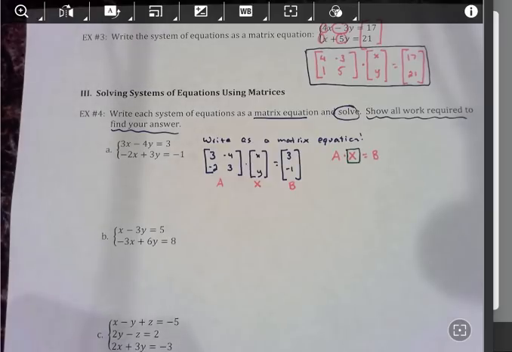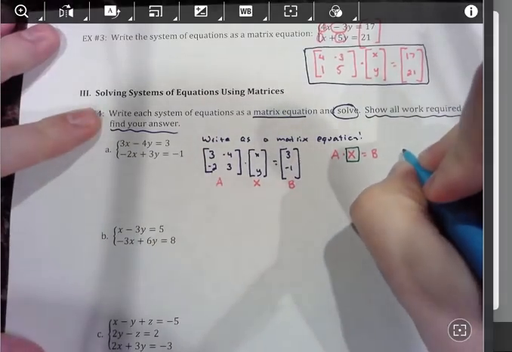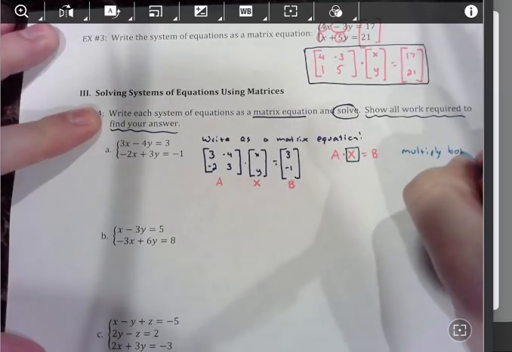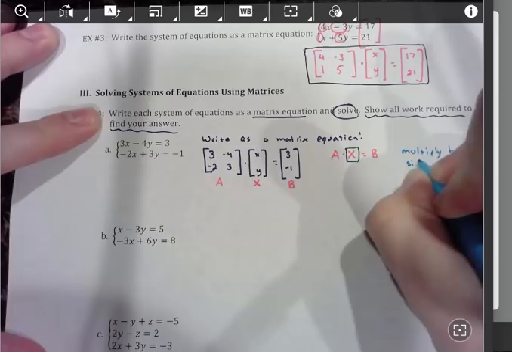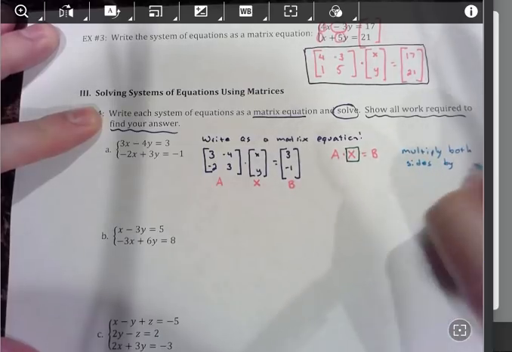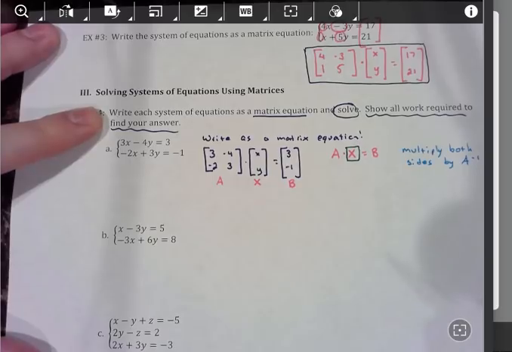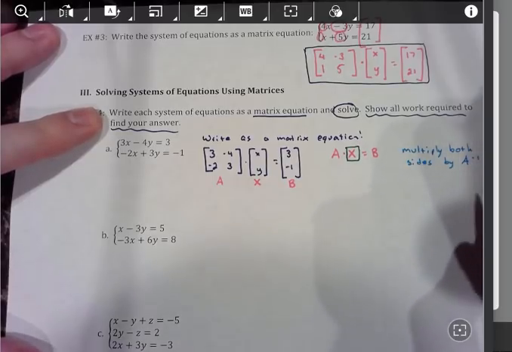So in order to divide, quote unquote, by matrix A, we are going to have to multiply both sides by A inverse, right? That's how we cancel out the A, by multiplying by its inverse in order to solve for that x.